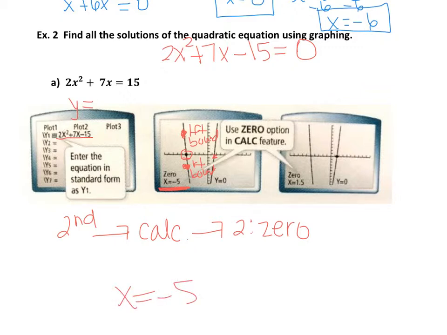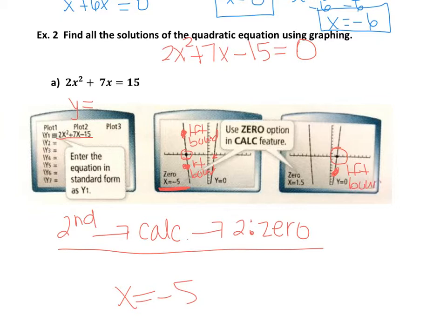You're going to do it again for the other root, because there's 2 of them, remember? You follow this again. Second, calculate, choose option 2, 0. And then now on this one, your left bound is below the x-axis.